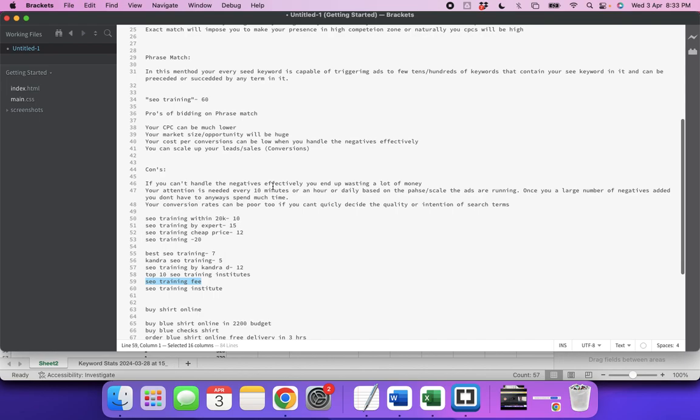They want to research and understand which are the top 10 SEO training institutes. So now it's really difficult to predict whether this keyword is going to give conversions or not, but unfortunately you cannot eliminate it until you spend for a certain period.